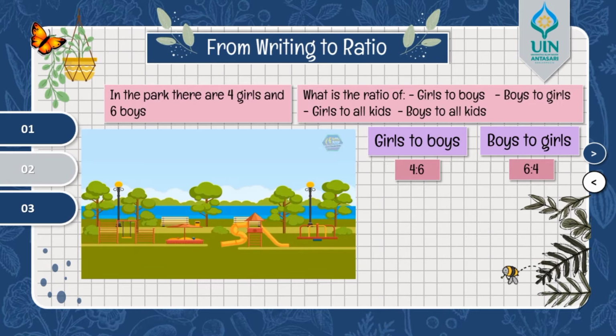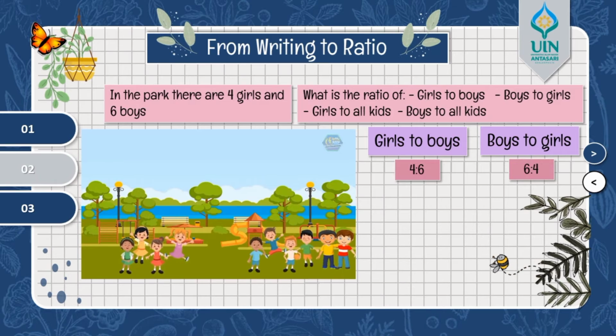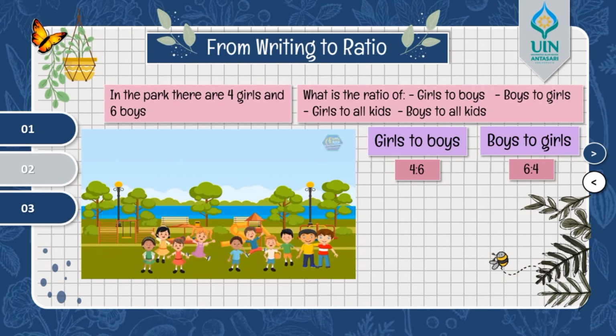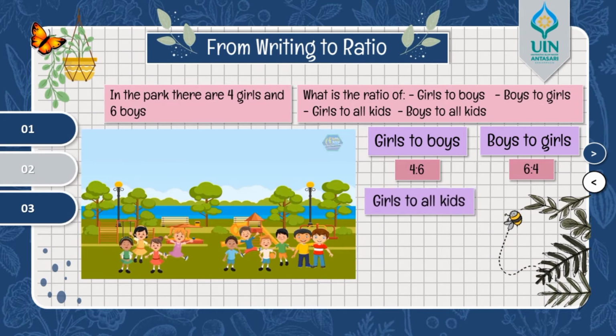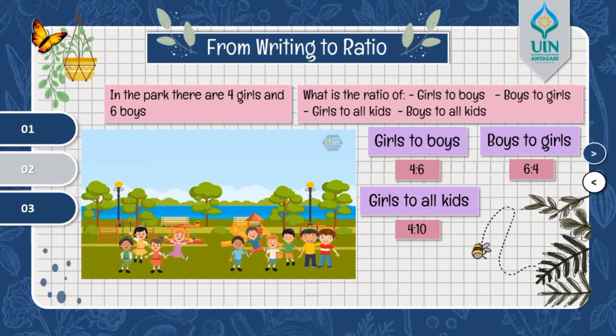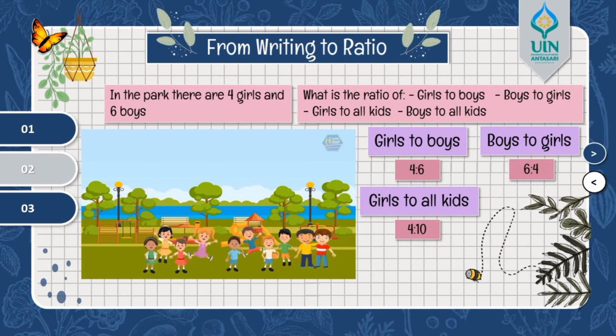Now, we already know the part to part ratio. Let's now proceed to part to whole ratio. If the problem is asking for the ratio of the girls to all the kids in the park, the ratio will be 4 to 10 because there are 10 kids in the park and 4 of them are girls.